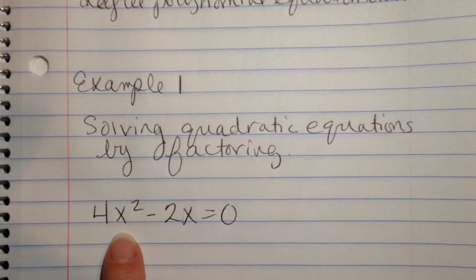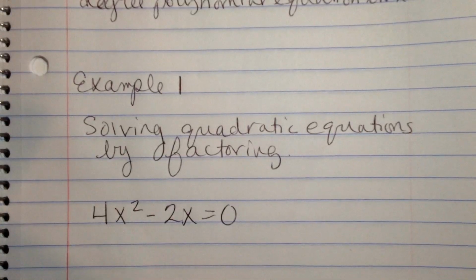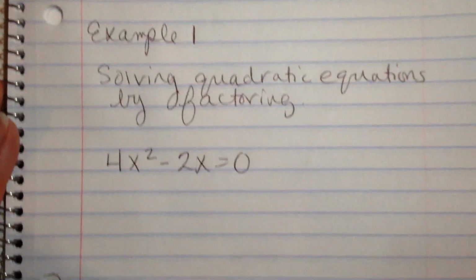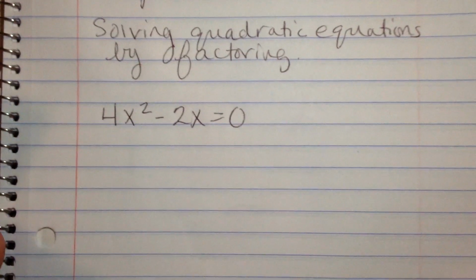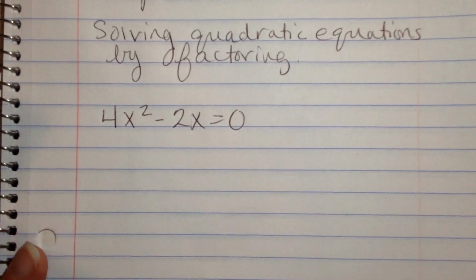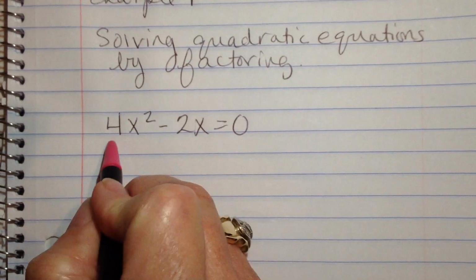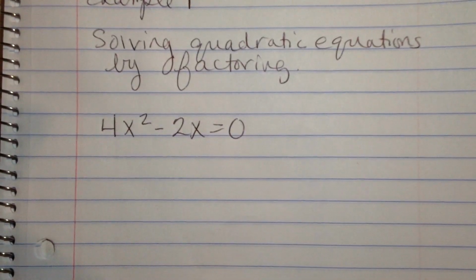Therefore, this is a quadratic equation. Your first step in solving a quadratic equation by factoring is to look to see if the quadratic equation has a GCF. I see that this equation has a GCF of 2 and x.